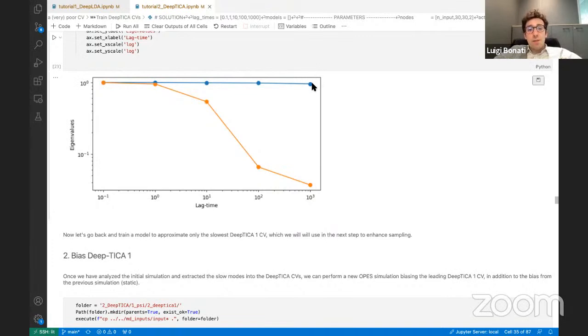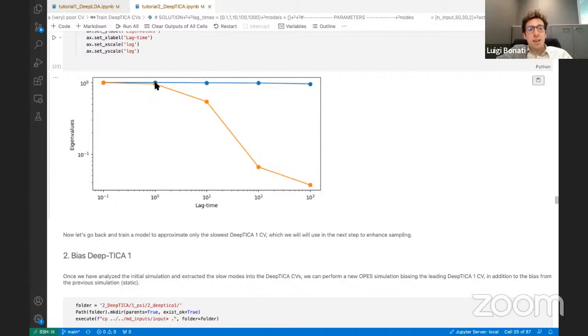In the limit of too large lag times, the blue one is decaying very slowly, while the orange one, the second eigenvalue, is decaying much faster. And of course the signal to noise ratio will be very small, so it will be very difficult to recover the second eigenvector and corresponding eigenvalue using a lag time of 1000.